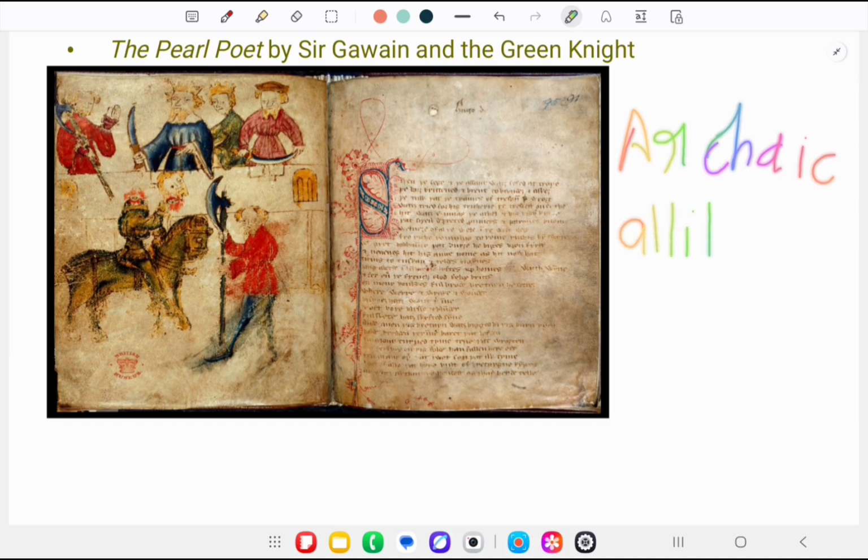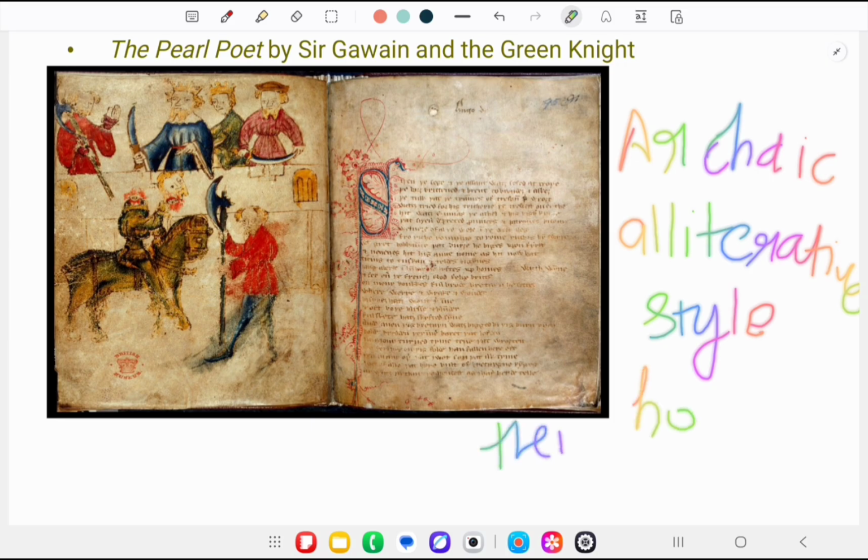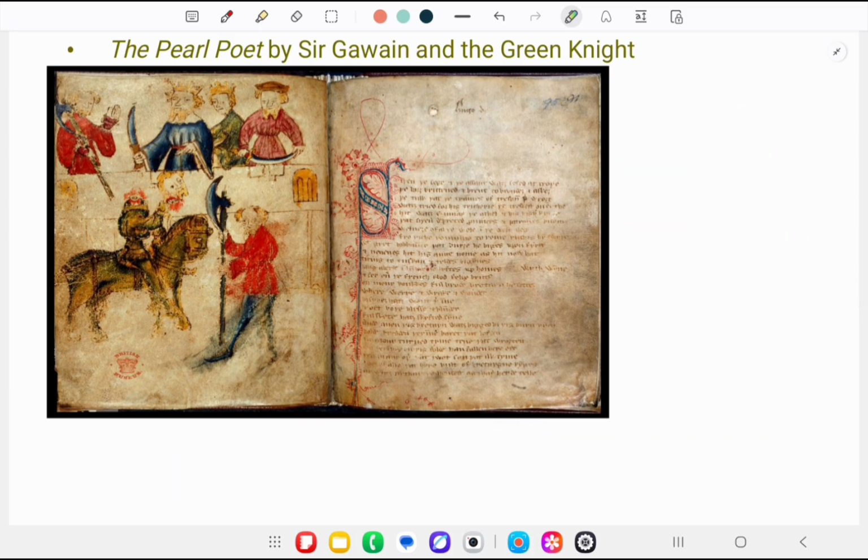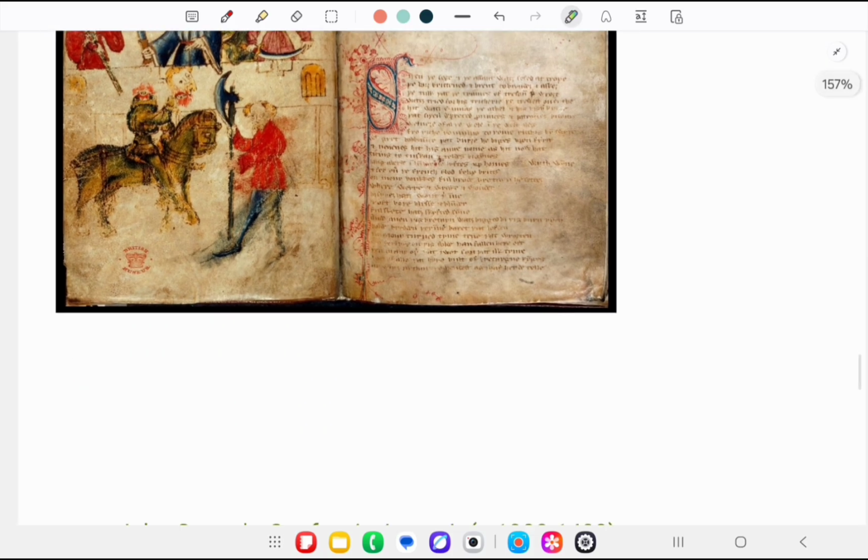The poem explores the theme of honor and chivalry through Sir Gawain's quest.